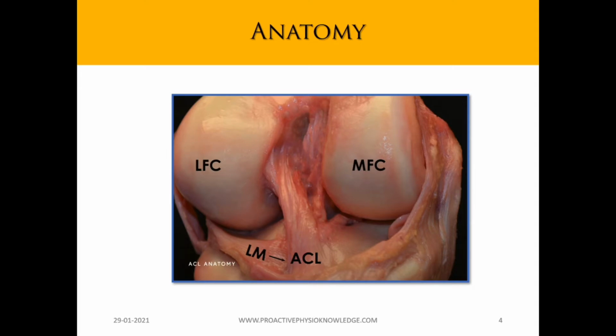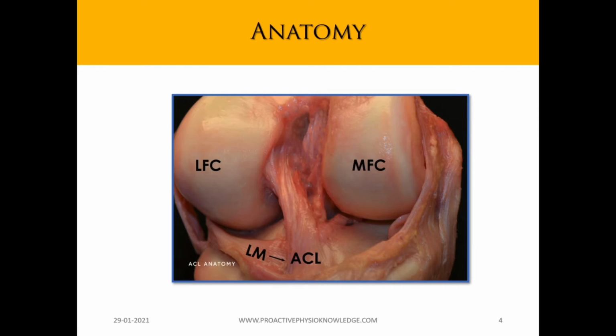So now let's understand the anatomy of the ACL. The ACL is 25 to 35 millimeters in length. It consists of two bundles, the anteromedial bundle and the posterolateral bundle. However, some portion of the ACL is under tension at every angle of knee flexion, so it enables the ACL to restrict rotation of the knee as well as anterior translation of the tibia.